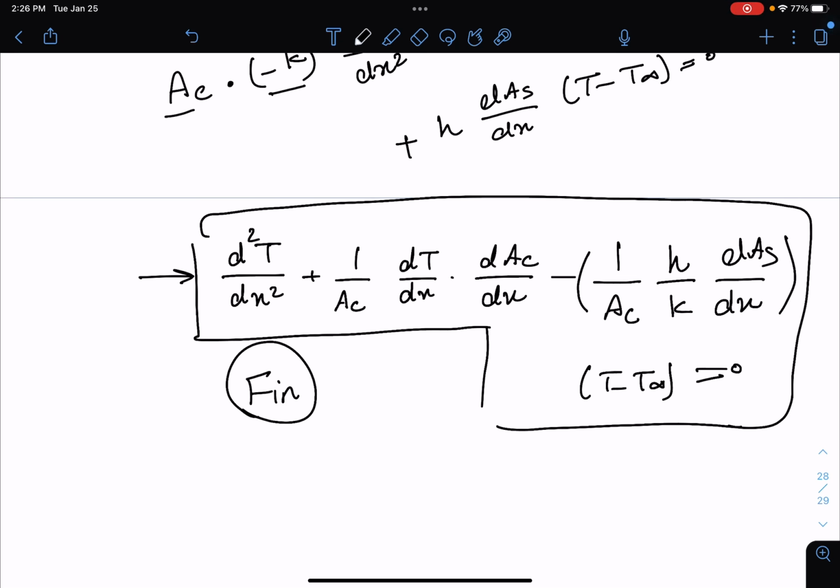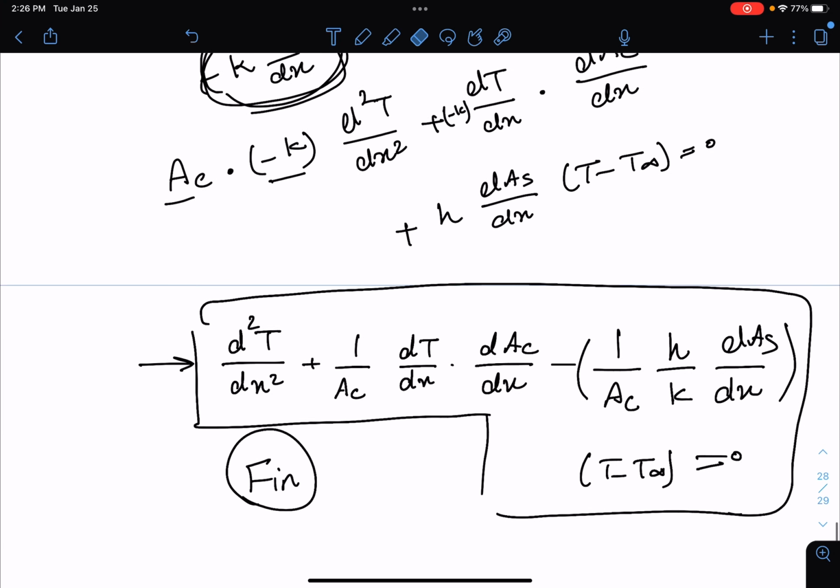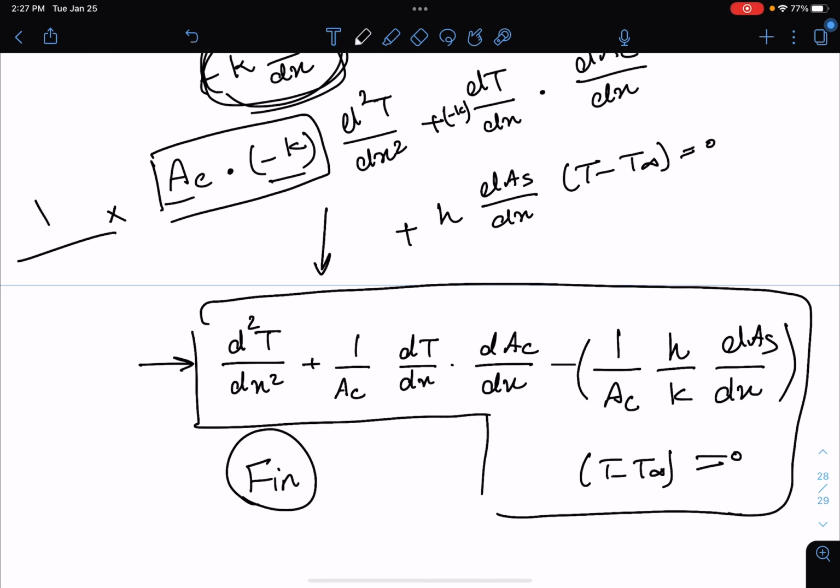Any questions? What happened here? Where is the confusion? The last part. So from here to here? Okay. So we multiplied this by negative k AC, which means that this k cancels out, and this is going to become 1 divided by AC.